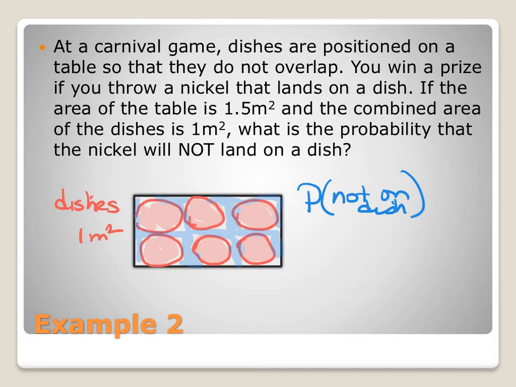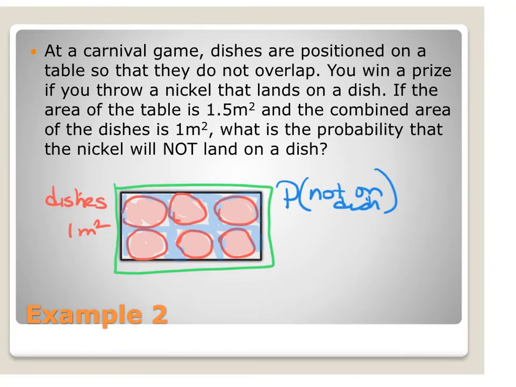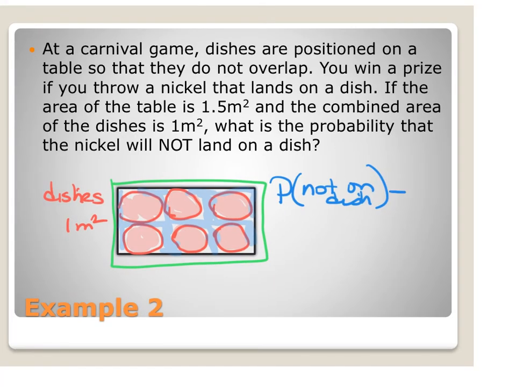I know the whole table, red and blue together, is going to be 1.5. So here, we're going to put 1.5 on the bottom. To find the area of just the blue, if the whole area is 1.5 and the dishes are 1, I'm going to subtract, and it's 0.5.